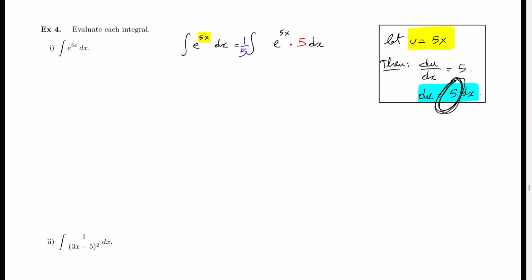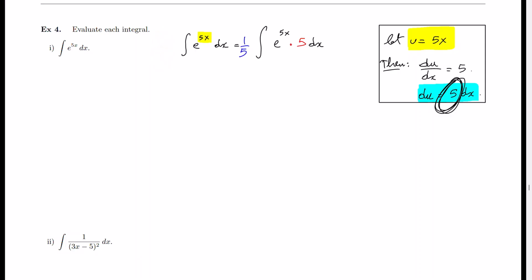So what did we ultimately do? If you think about it, what we ultimately did is we multiplied this whole thing with a 5 on the bottom and a 5 on the top. And so we just decided to write some of the 5s on the inside and some of them we left on the outside. But multiplying by 5 over 5 is like multiplying by 1. It doesn't change the answer.